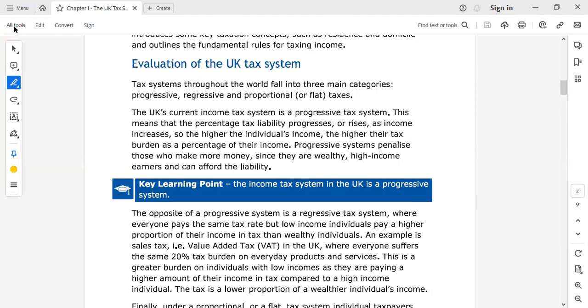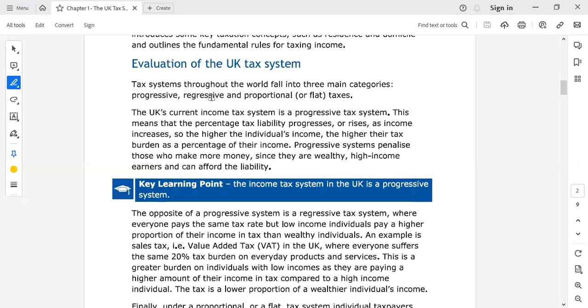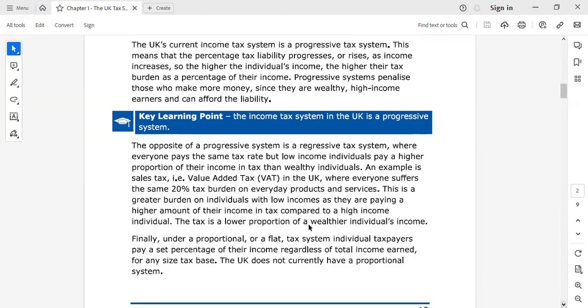The second one is a regressive tax system. Under a regressive tax system, the best example is VAT.